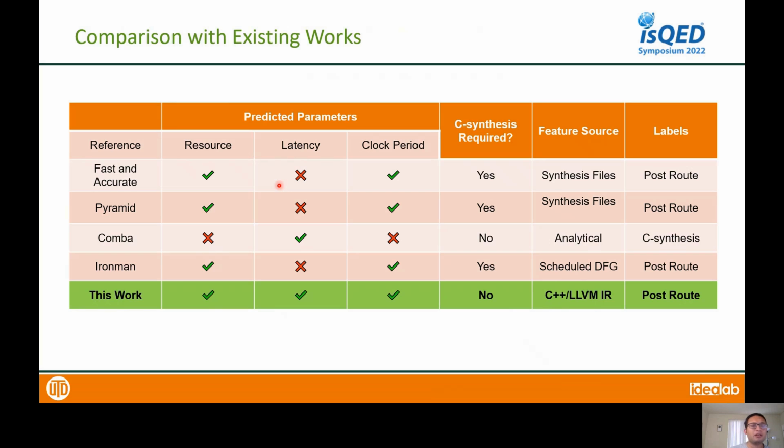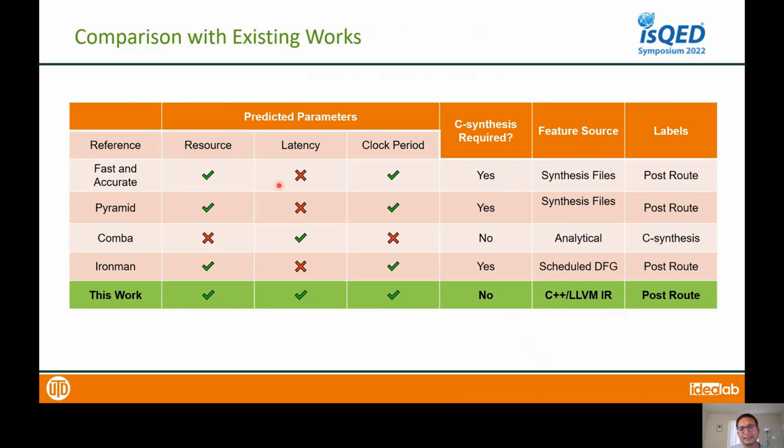The major drawback of the four works I have discussed is that none of them can predict all three vital FPGA parameters together, and also all these four works require some kind of synthesis to generate the labels.